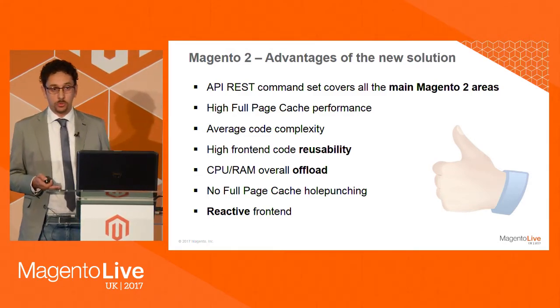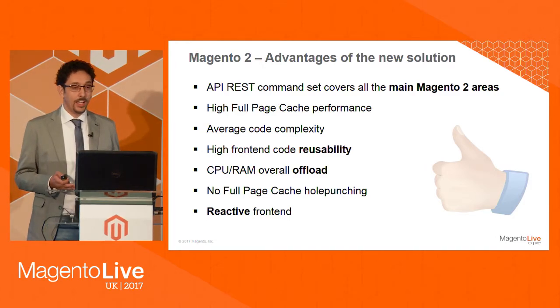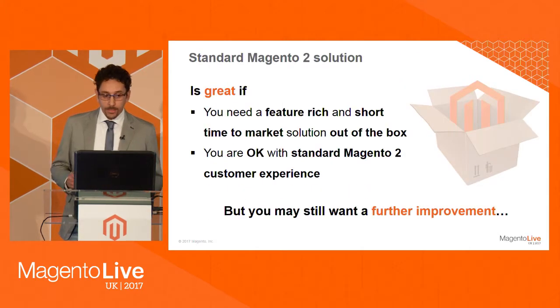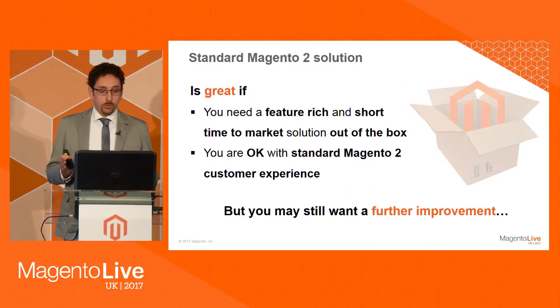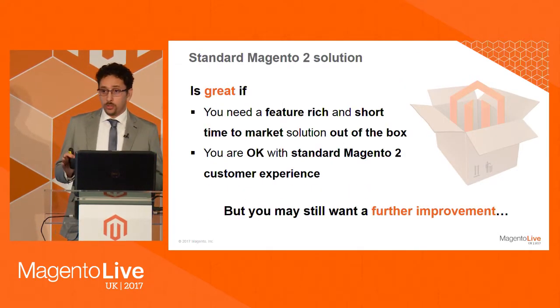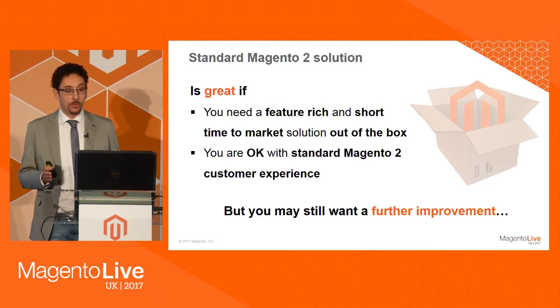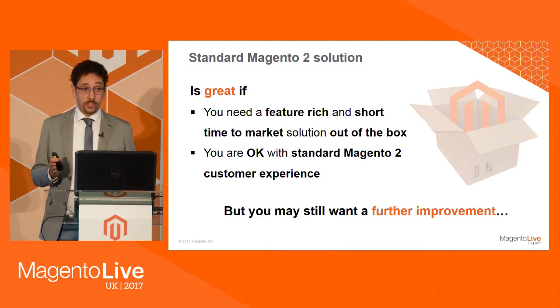This is why Magento 2, for example, behind Varnish, is extremely fast. It's impressive. So the standard Magento 2 solution is very good for you if you need a feature-rich, short time-to-market solution just out of the box, if you're okay with a standard Magento 2 customer experience.